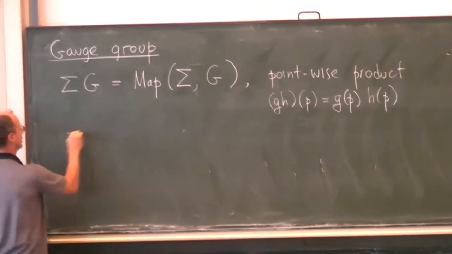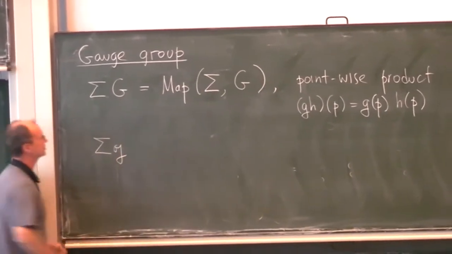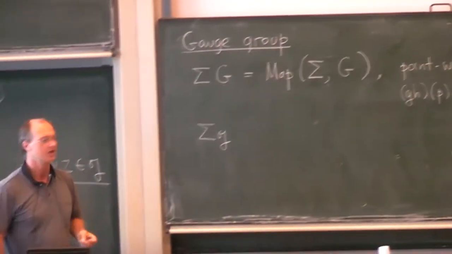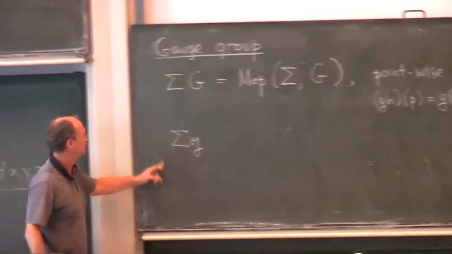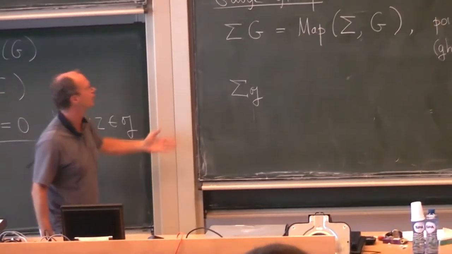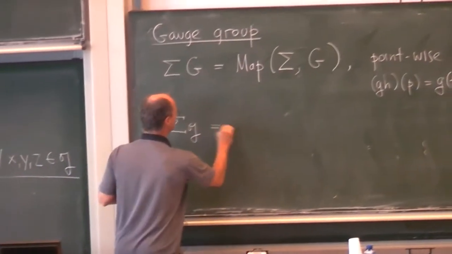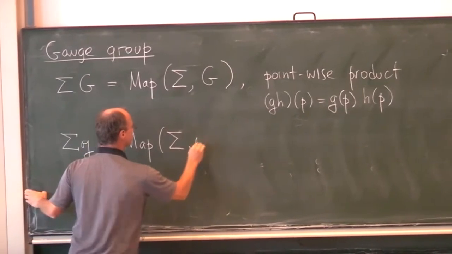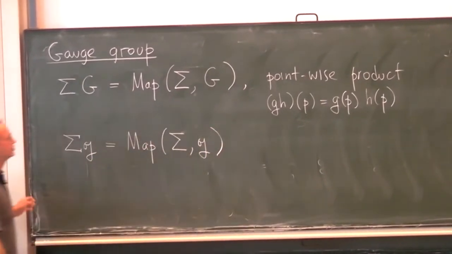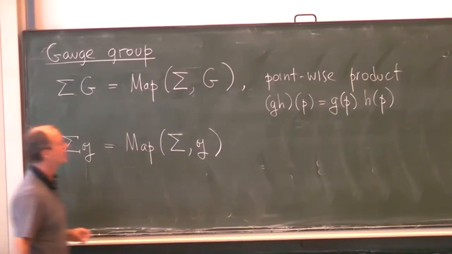Now, infinite dimensional Lie groups are not necessarily equipped with a Lie algebra, but here it works. So there is a Lie algebra, which is the space of maps from sigma to g, and again it's a pointwise Lie bracket.